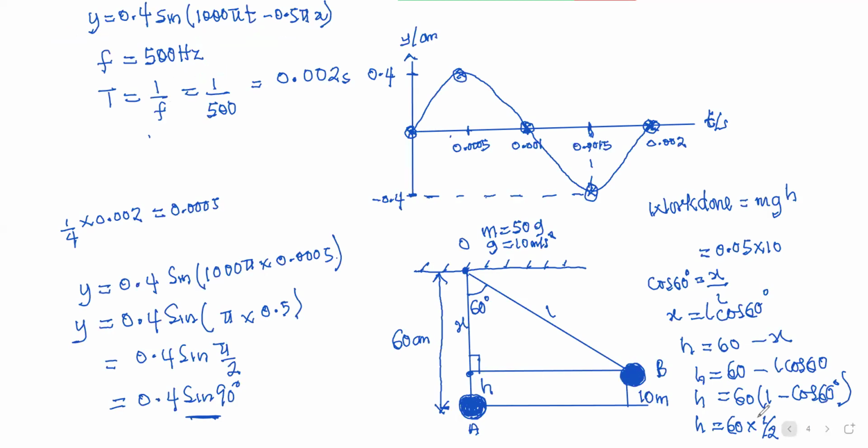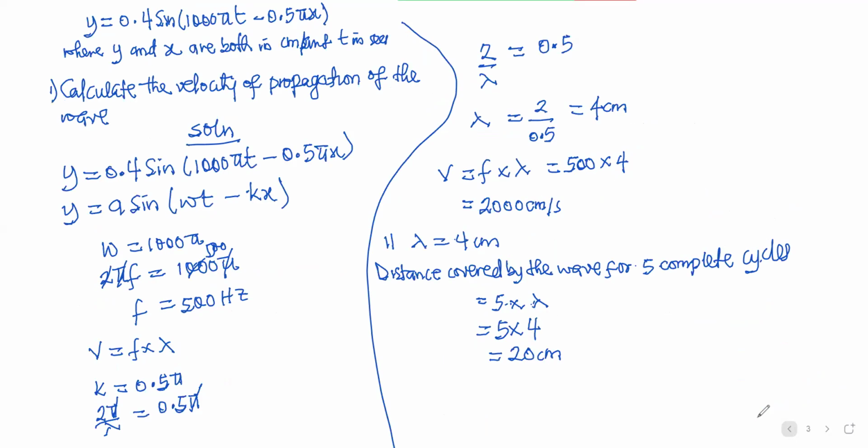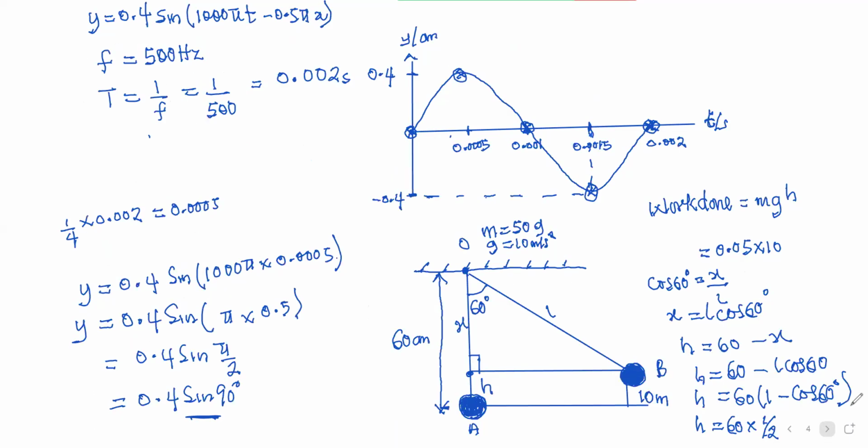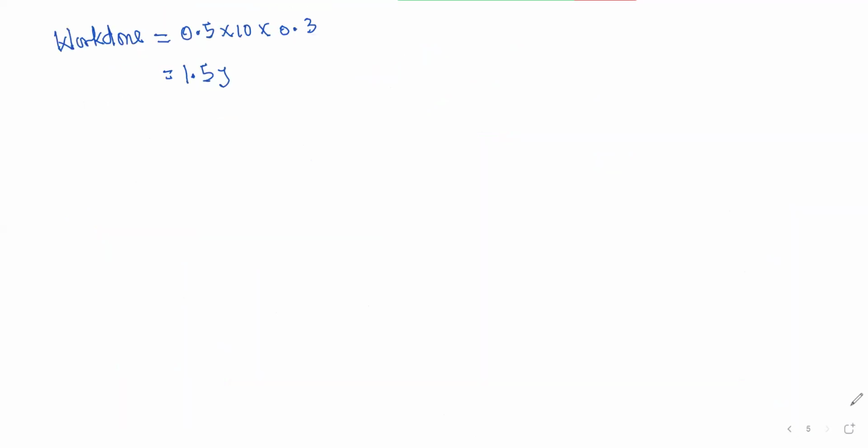So when we divide by 1,000, that's supposed to get 0.05. Oh, I think I even used it here. So correct that for me. It's supposed to be 0.05. Thank you.